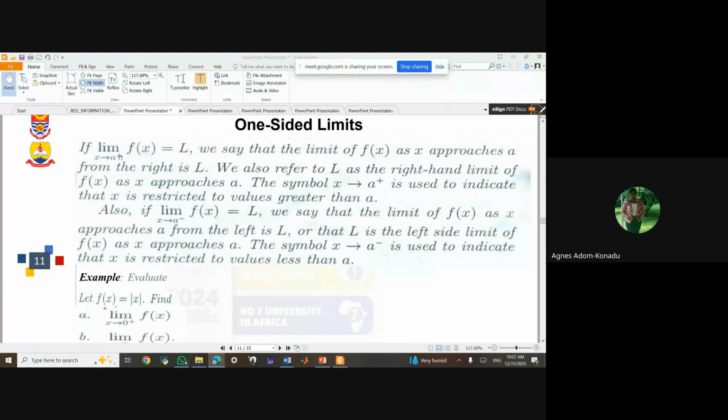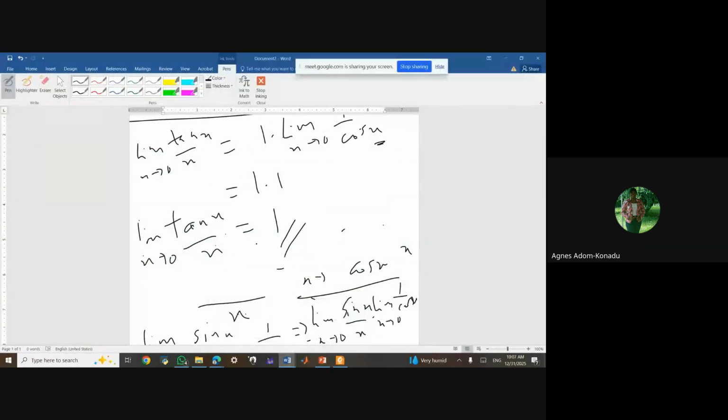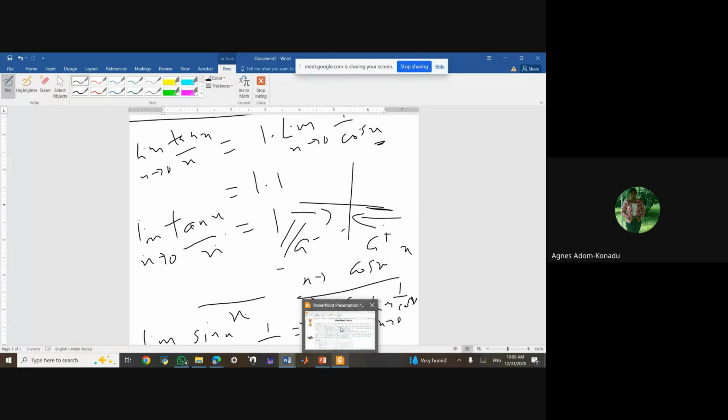The positive means that we are coming, so we are looking at the xy plane. So if I look at the xy plane, I know it is like that. So when it is a positive, it means that I'm coming from this side. When it is a negative, then it means that I'm coming from the left. Okay. So we are looking at the right side limits of the function.